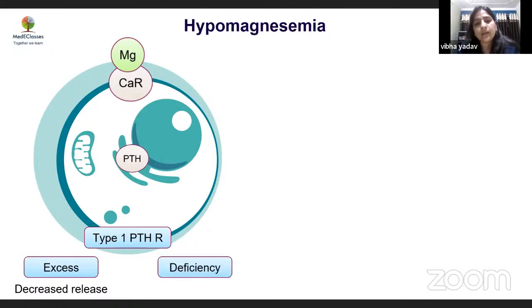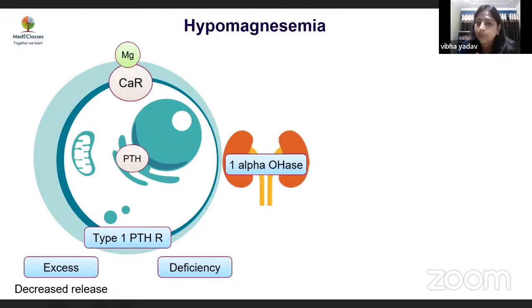On the other hand, when there is a mild magnesium deficiency, it will inhibit the type 1 PTH receptor and along with it, it will also impair the function of 1-alpha hydroxylase, which is present in the proximal convoluted tubule, which will further cause hypocalcemia.